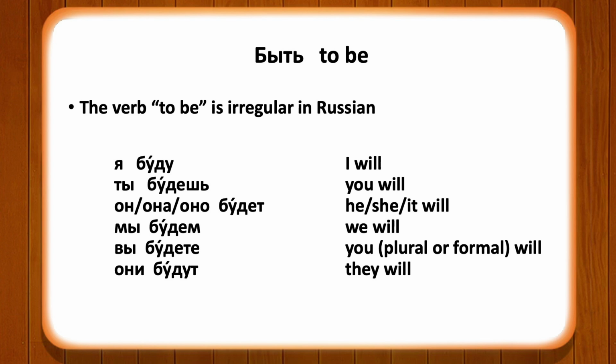I will repeat. Я буду, ты будешь, он будет, она будет, оно будет, мы будем, вы будете, они будут. Let us repeat one more time because this is the form that you will be using to use the verbs in future tense.